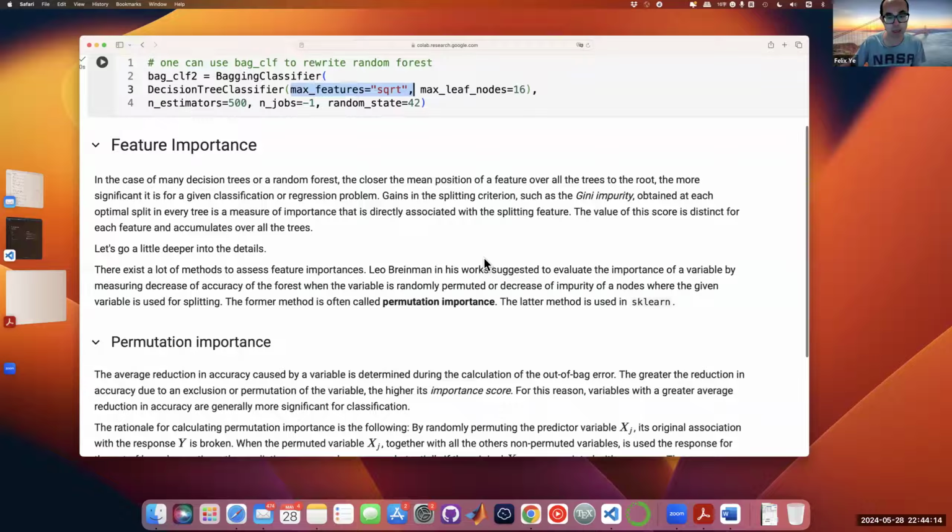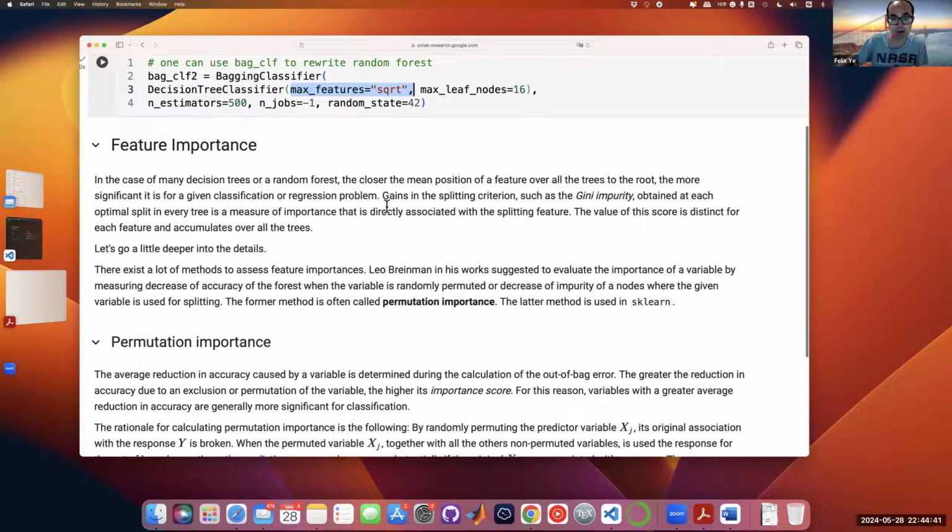Okay, so there are two different ways to assess that. The first way is something called permutation importance, which is in fact not used in scikit-learn. The other method, as I mentioned, is to use the Gini impurity.